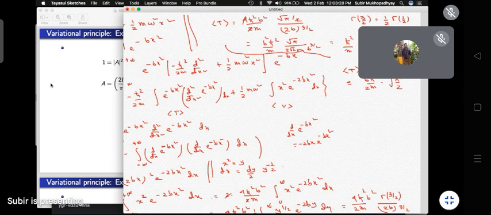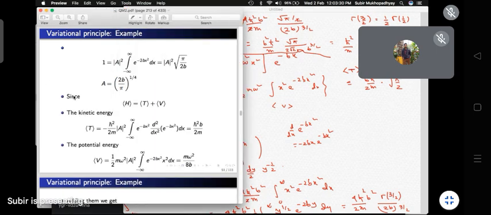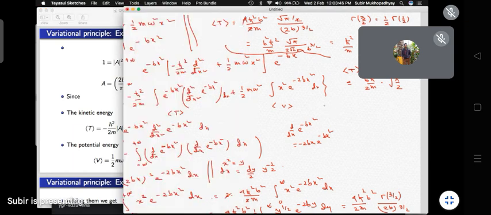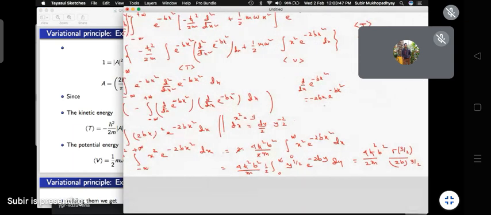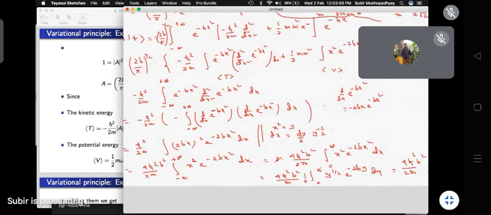Let's see if I've got it right. b h bar square by 2m, so I have got that correct, but there shouldn't be any root pi by 2. This is so correct now.